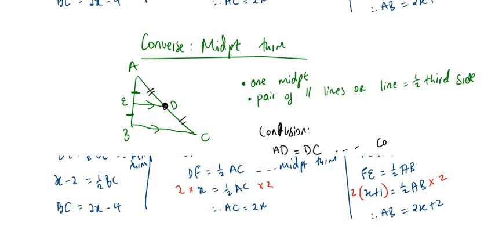Reason being what? You say converse midpoint theorem. Guys, trust me, there are many instances where that converse is gonna assist you. Many instances. So please capture it right now, understand it right now, that whenever the situation is like that, we can use it.